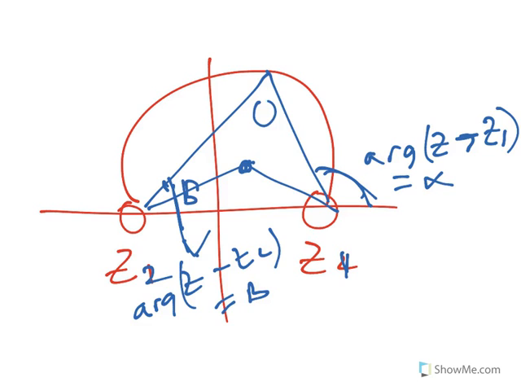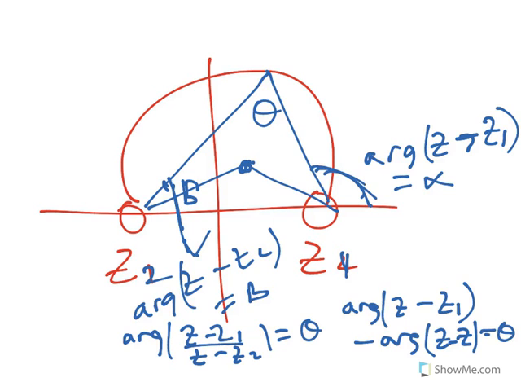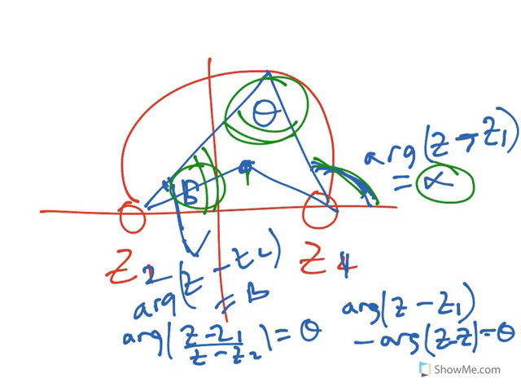If you subtract those two angles, you get theta. That's why when you've got arg of (z minus z1) on (z minus z2) equals theta, you're subtracting the exterior angle of a triangle, which equals the sum of the opposite two interior angles. So therefore beta take away alpha will give you this angle. And to get the centre, this is always 2 theta down here.